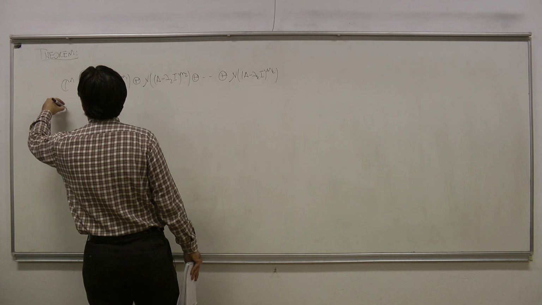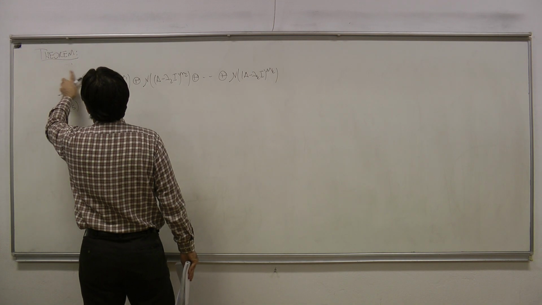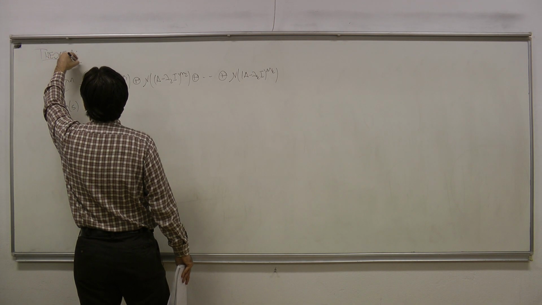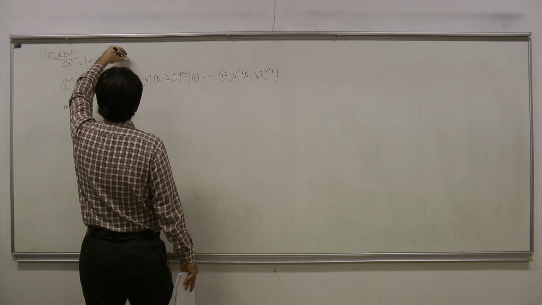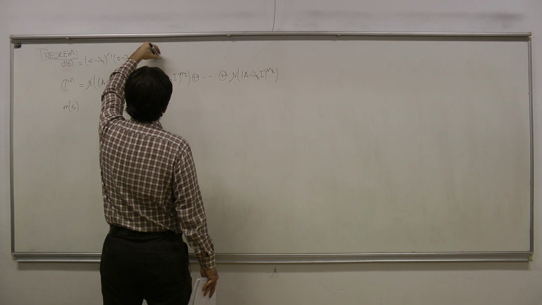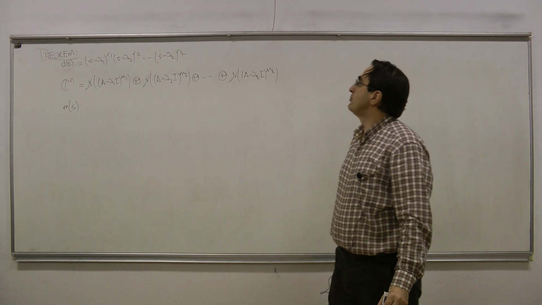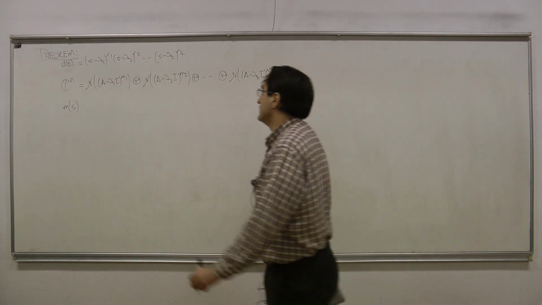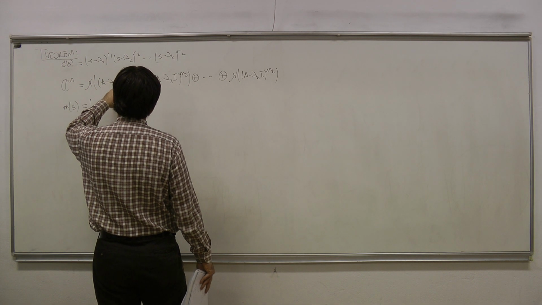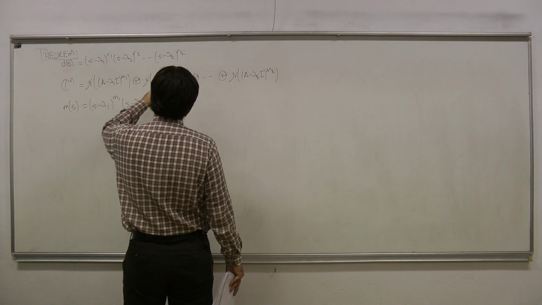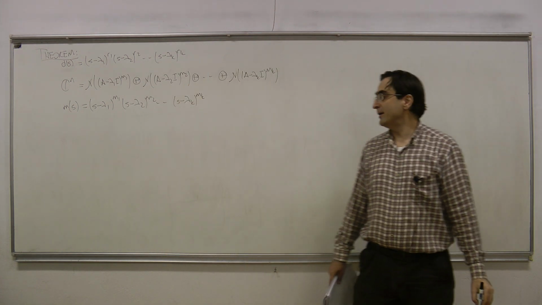The characteristic polynomial of this matrix and the minimal polynomial of this matrix would be important. The characteristic polynomial is (s minus lambda 1) to the r1, (s minus lambda 2) to the r2, going until (s minus lambda k) to the rk. So the characteristic polynomial powers are r1 to rk, and the minimal polynomial powers are (s minus lambda 1) to the m1, (s minus lambda 2) to the m2, going until (s minus lambda k) to the mk.